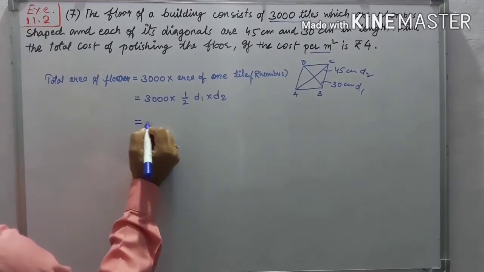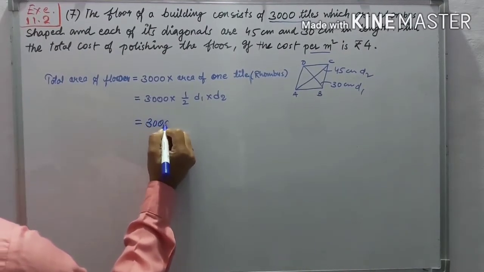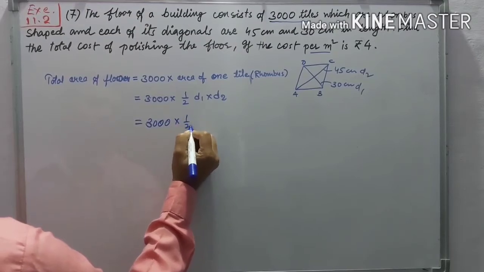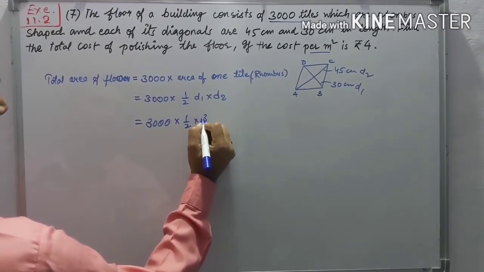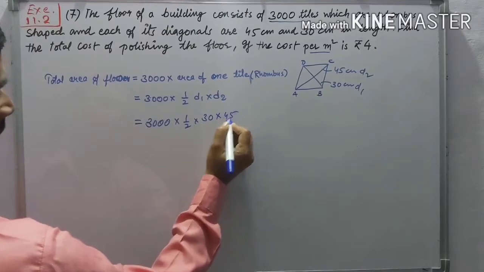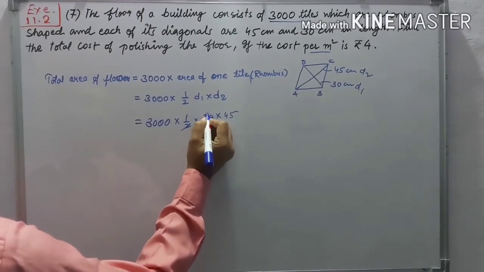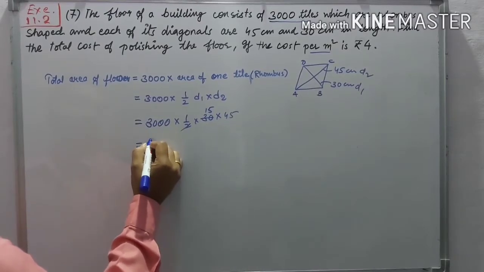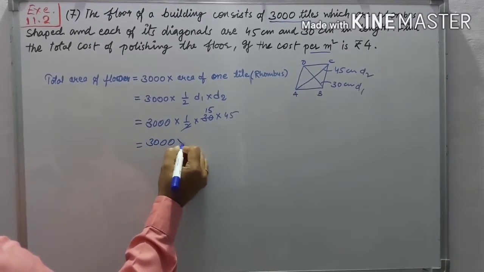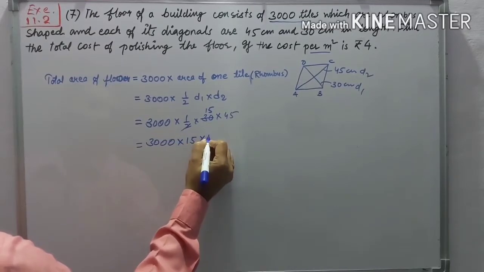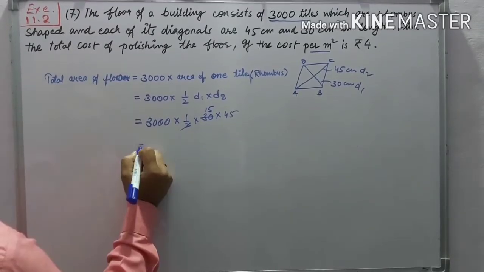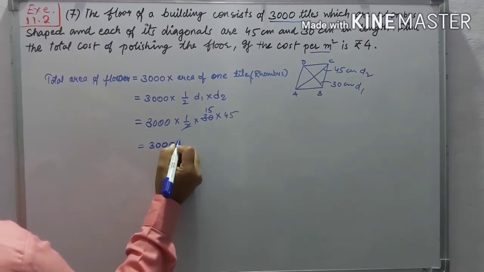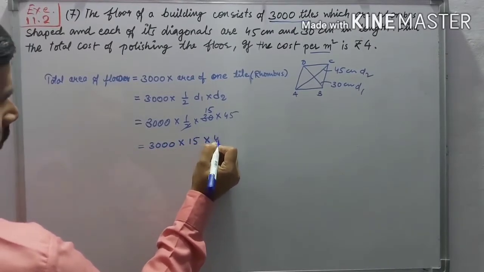Now solve: 3000 into 1 by 2 into 30 into 45. Half of 30 is 15, so it is 3000 into 15 into 45.